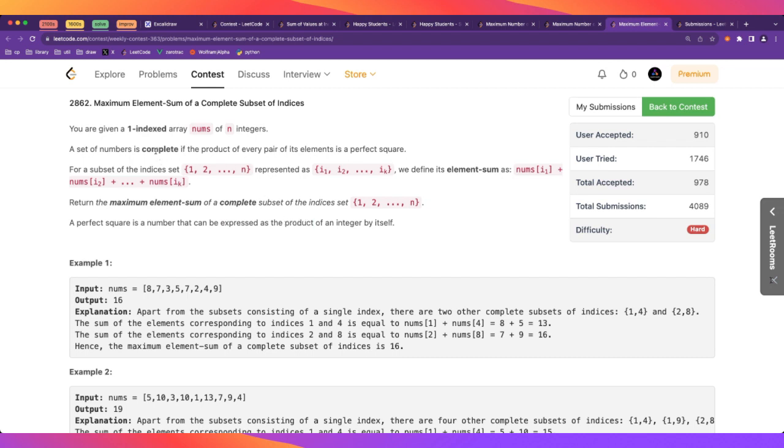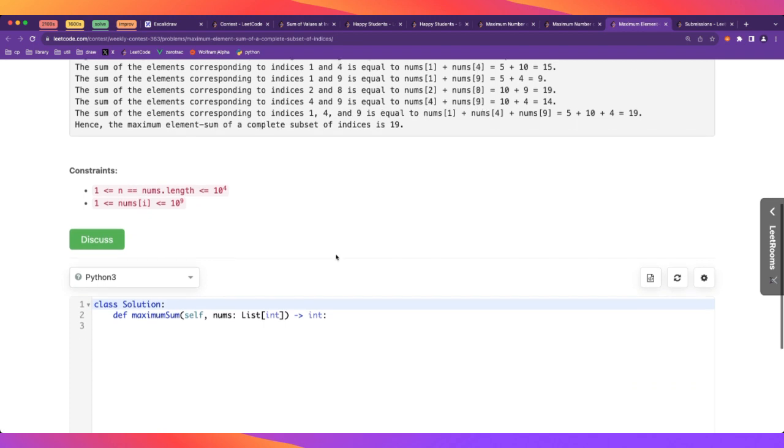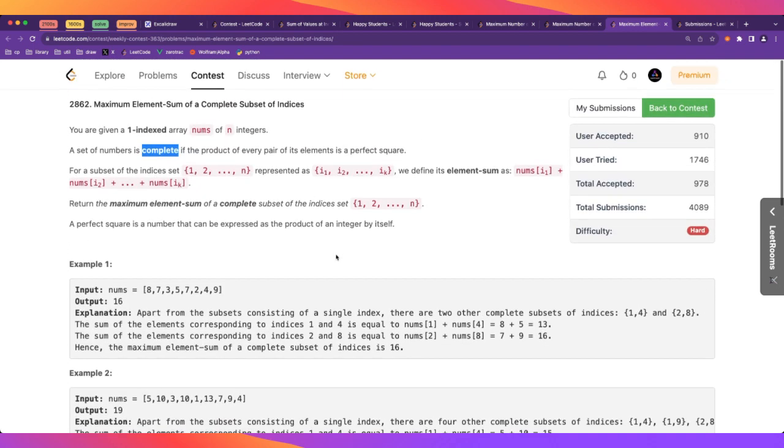Okay, so remember, complete means that you can pair them, so every pair has a product that is a perfect square.